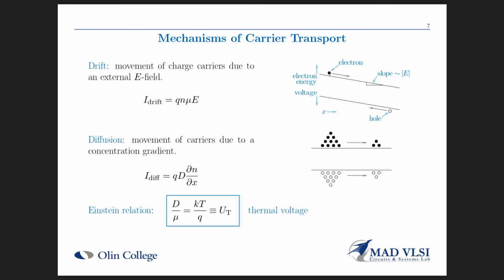So if we see an electron, which I'm representing here as a filled in circle, it's basically going to be moving to the right under the influence of this electric field, and the degree of tilt here is proportional to the magnitude of the electric field. And so I always think about the fact that electrons roll downhill. That's how I think about which direction the electrons are going to go in on a picture like this.